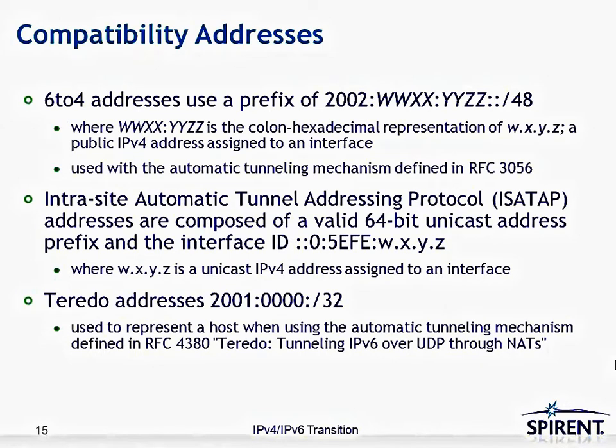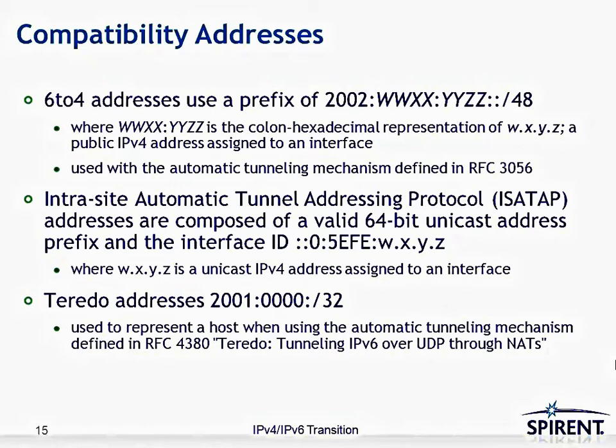So I mentioned on the previous slide the idea of compatibility addresses, and those are addresses where an IPv4 address is in some way embedded into an IPv6 address. When we look at each of the protocols such as 6to4 and ISATAP later on in part 2, then you'll see more about just what that means.